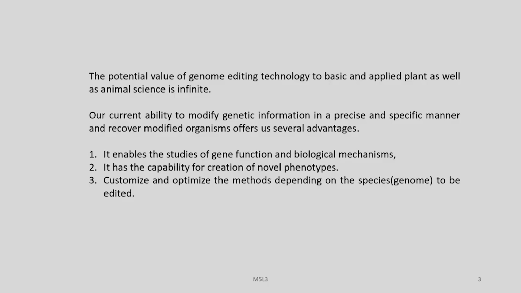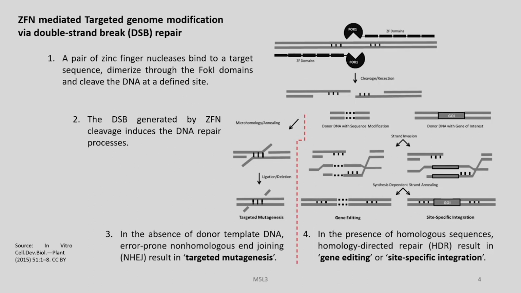For example, we can knock out a gene and we can knock in a gene and understand the exact role of the gene in imparting a particular type of phenotype. Besides that, it has the capability of creating novel phenotypes which are unknown in the wild type organism, and then customize and optimize the methods depending on the species to be edited.